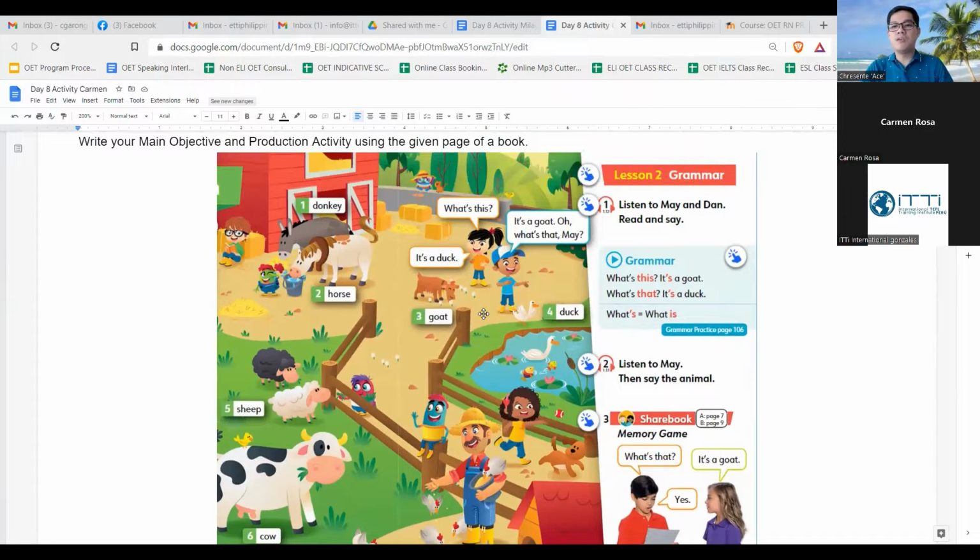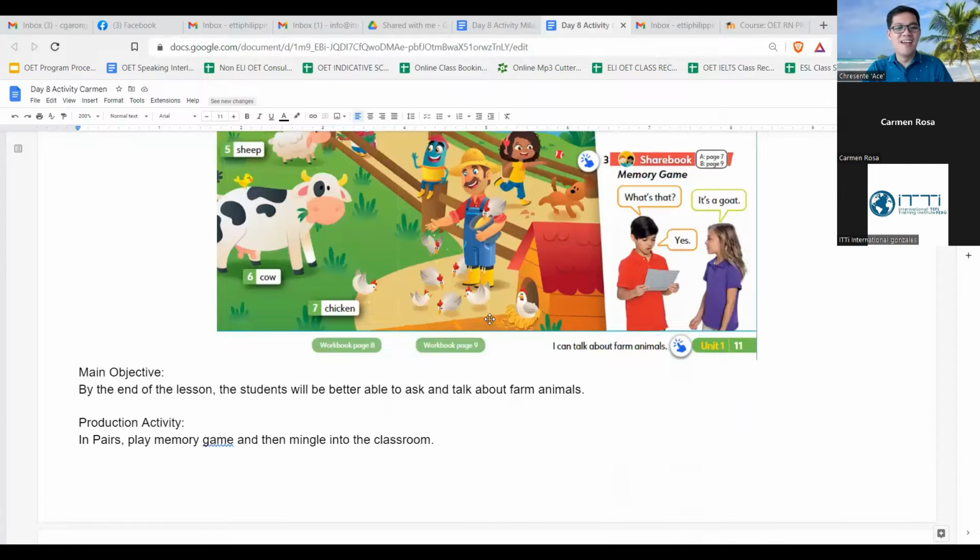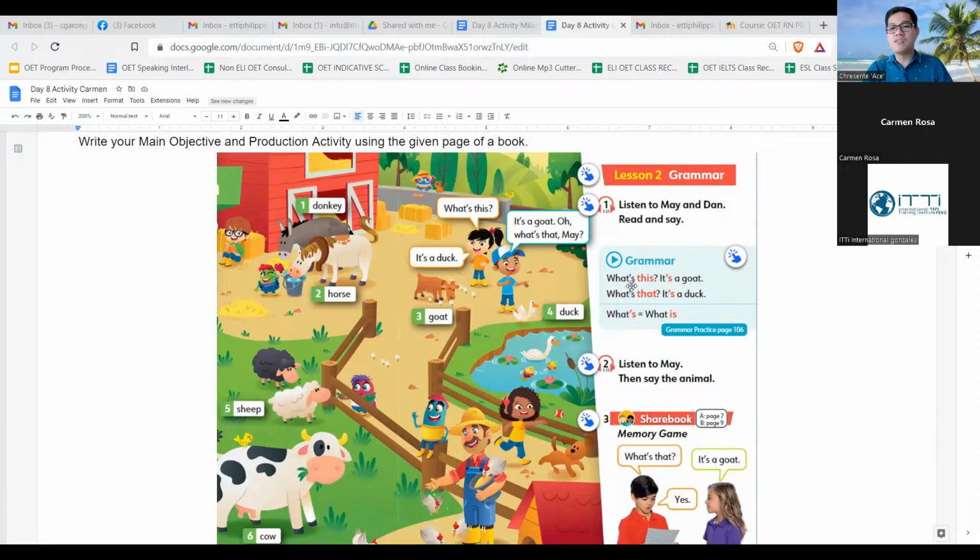And the grammar focus is, the grammar lesson is, asking, or probably using, or no. What did I put there? So the grammar focus, ask and talk about the animals? What's the grammar focus? The target grammar lesson here.